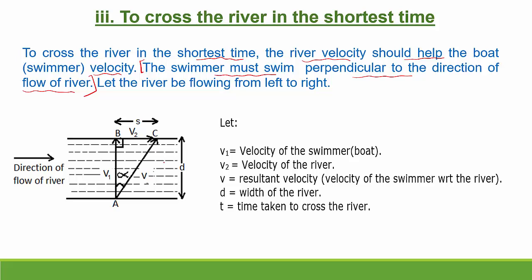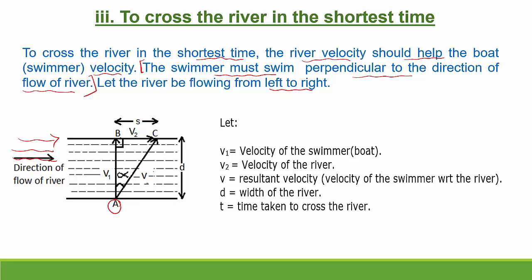Now you can observe here, we are going to consider the river flowing from left to right. Observe this picture. This is the direction of river. The river is flowing from left to right. Let us imagine the swimmer is at point A, or you can take a boat.